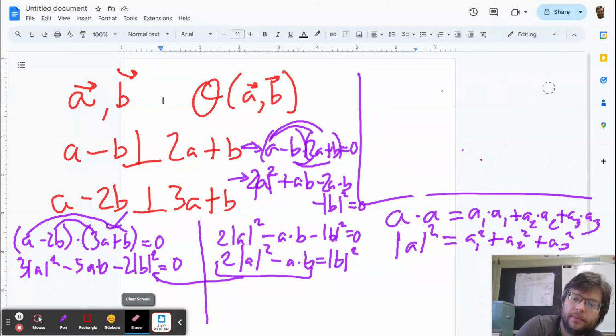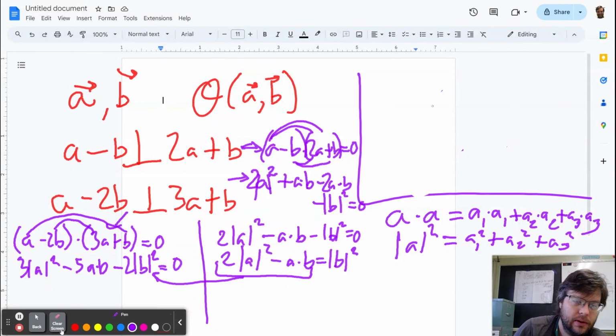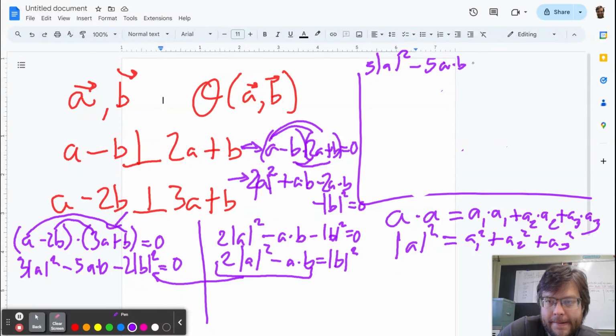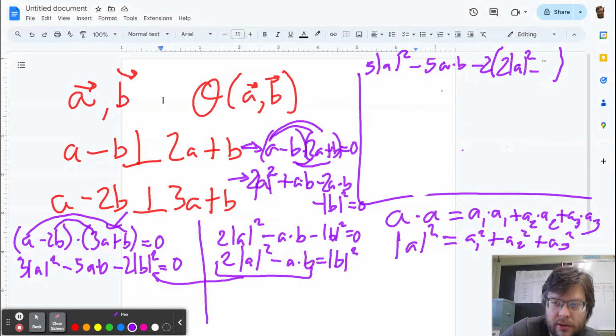Okay, great. So if I sub that in, then I have 3 magnitude A squared minus 5 A dot B minus 2 times magnitude of B squared, which is the substitution part I just did there. So negative 2 magnitude A squared minus 2 A dot B, and that all equals 0. If we distribute, this makes this into negative 4, and this makes this into positive 4.